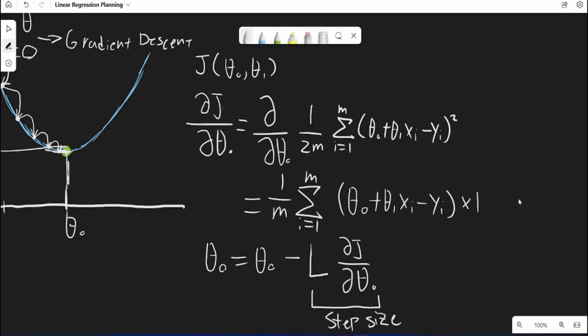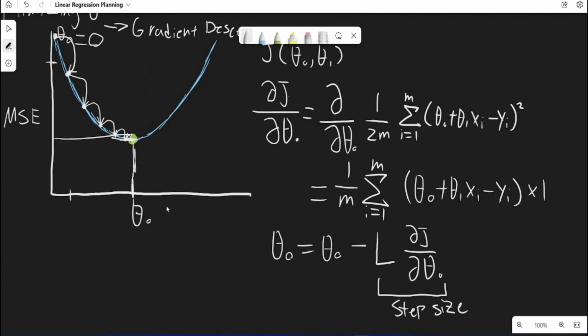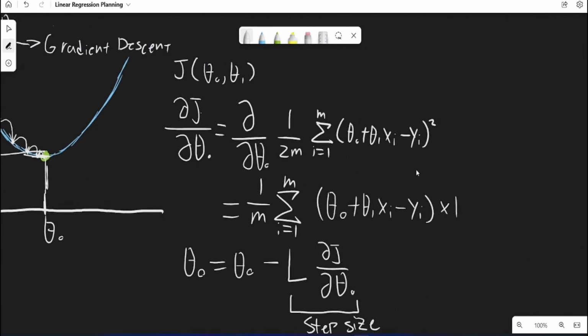Now we do the same thing for theta 1 as well, doing all these steps, and we do it all the way until we reach the best value where mean square error is minimized.